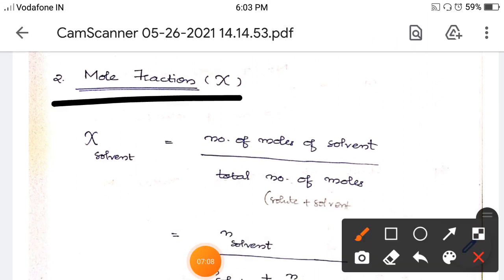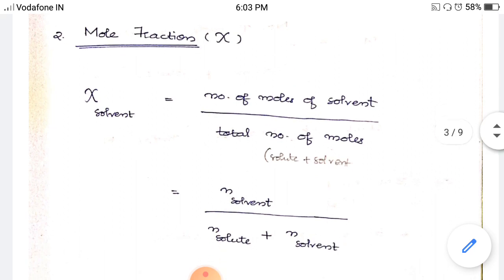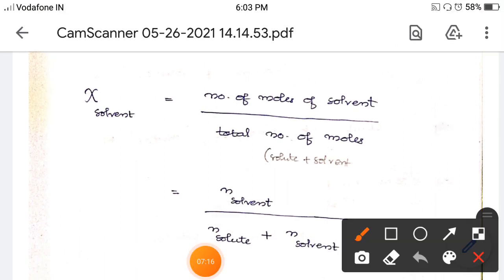Now the second method of expressing concentration of solution is the mole fraction. It is denoted by chi. Mole fraction is very simple. Chi of solvent is the number of moles of solvent divided by the total number of moles.